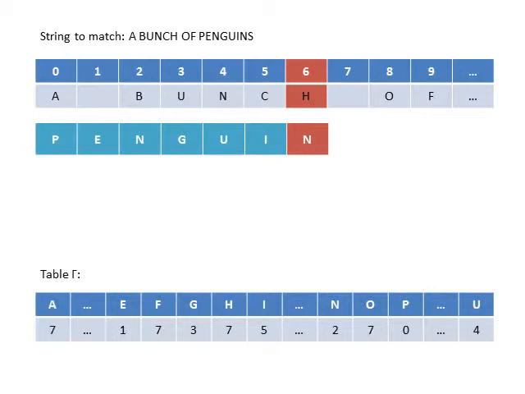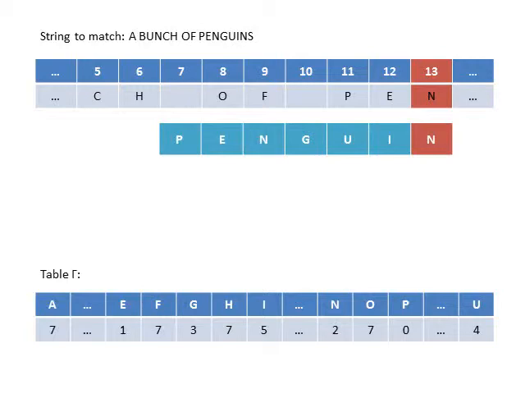In this case, we are comparing H and N. However, H is obviously not N, and not only that, but H is not in the word penguin, and so we can safely assume that that whole front area will not be the start of penguin at all, and so we can skip all of that and shift our word penguin up so that the letter P is at position 7, and we compare the last letter again.